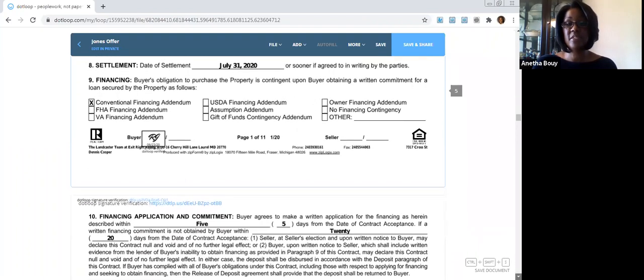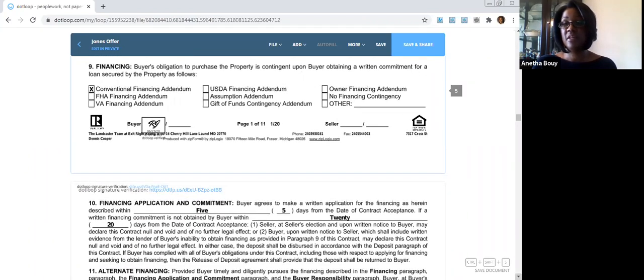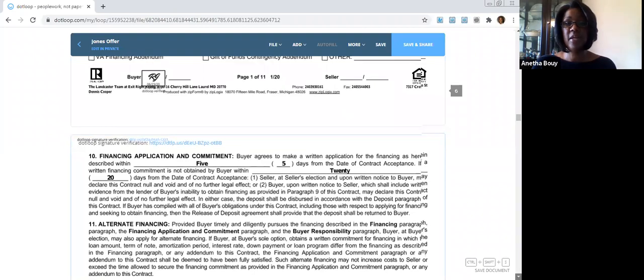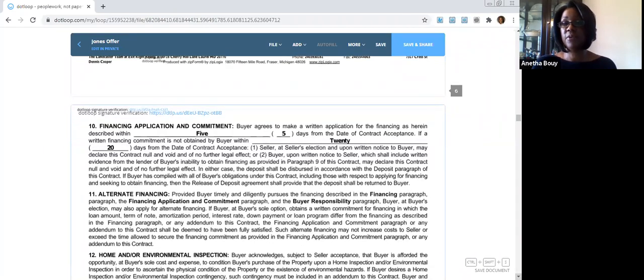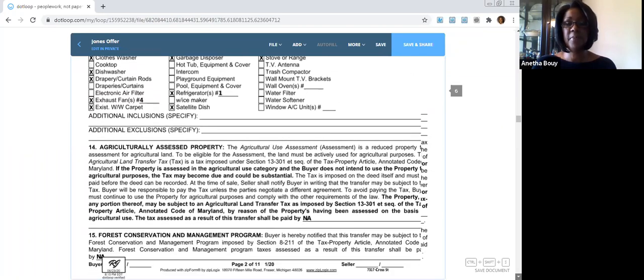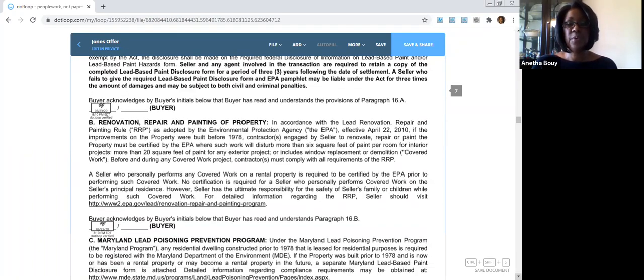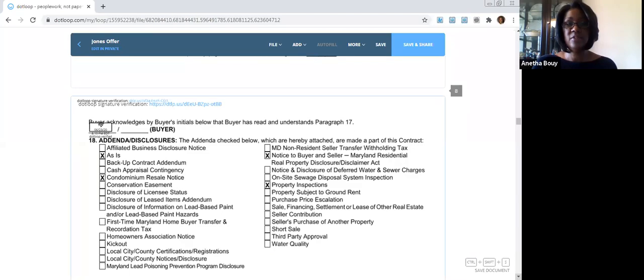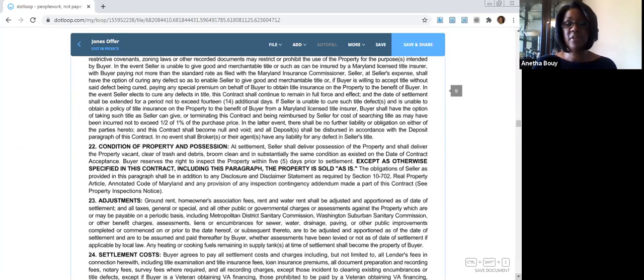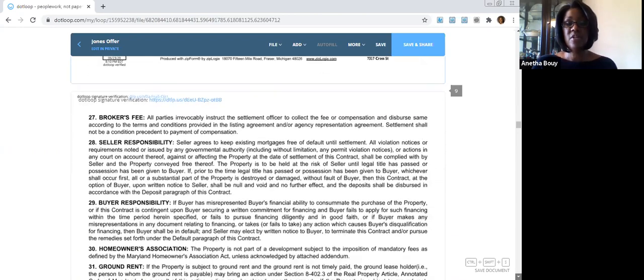However, again, it doesn't state that in the pre-approval letter. And so we just want to make sure that we're clear about that, okay? He has identified how long it will take to secure the financing. And so that is all of that information, again, as part of the sales contract.